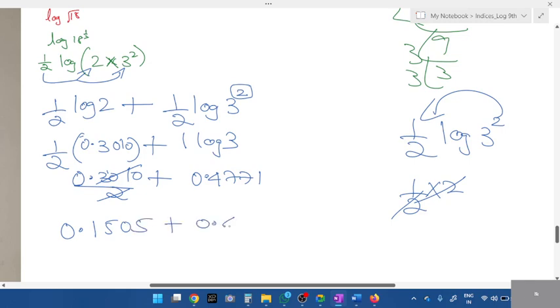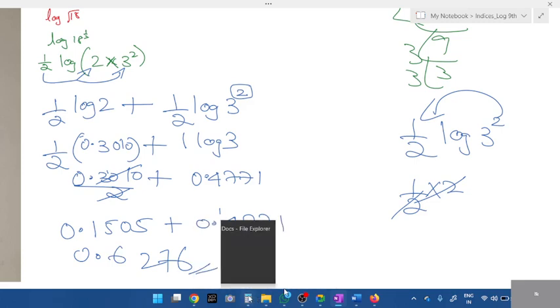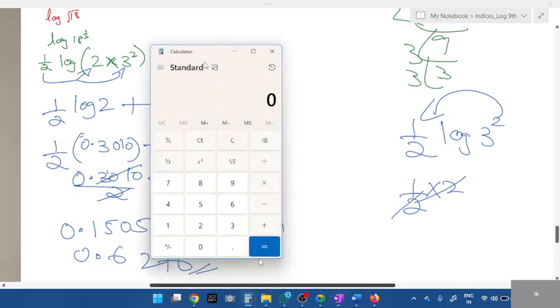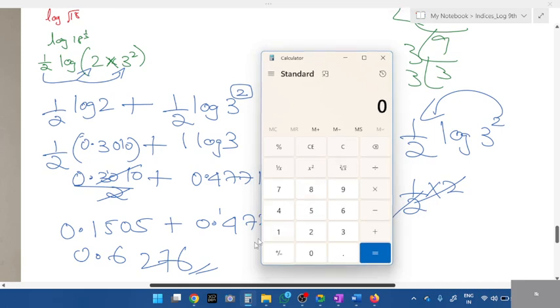0.1505, right? What's the answer in the textbook? What's the answer, students? Is it correct? 7.